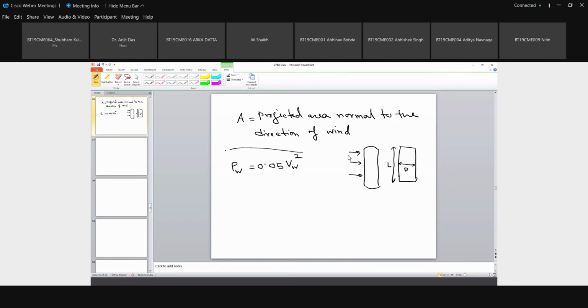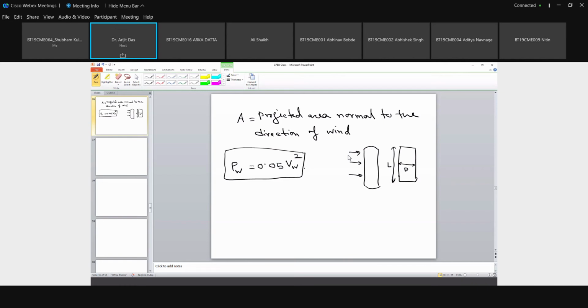So if we only know the wind velocity of a particular zone where the tall tower is situated, then we can estimate the wind load by this simplified equation.